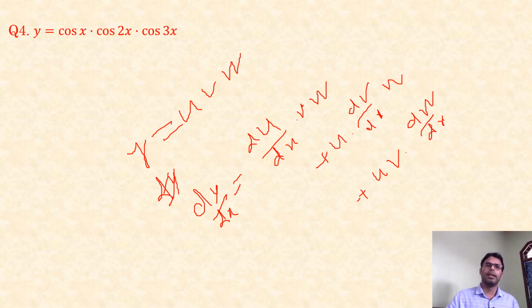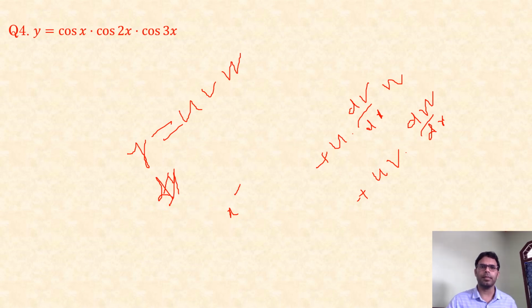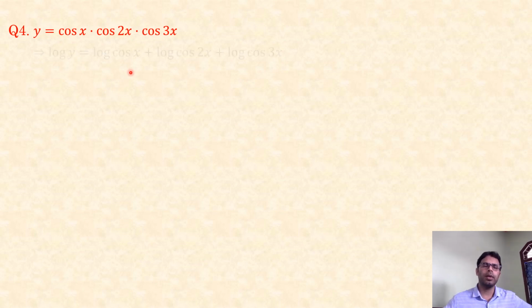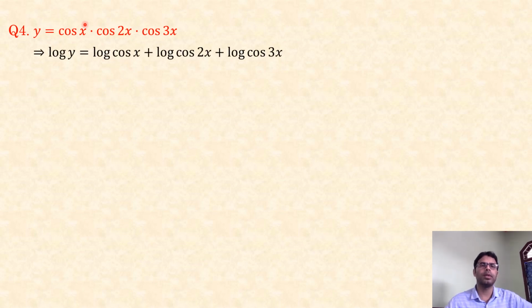So taking logarithm here again, log y is equal to, this product will be converted to plus, so log of cos x plus log of cos 2x plus log of cos 3x. This method makes the calculation easy.